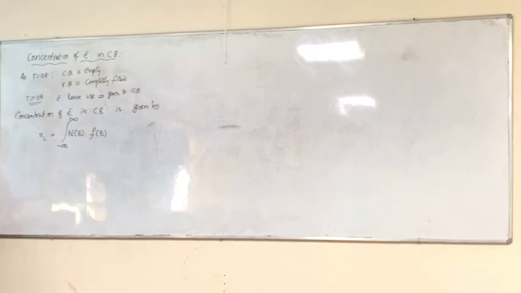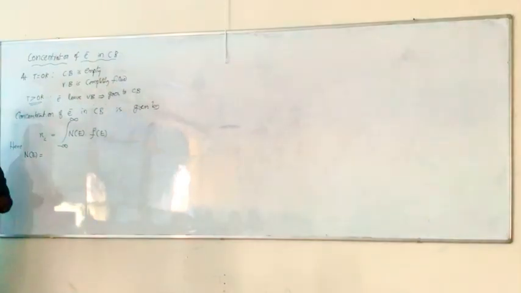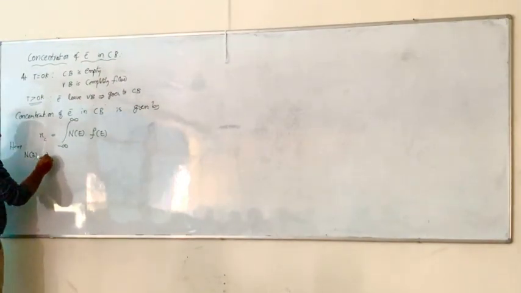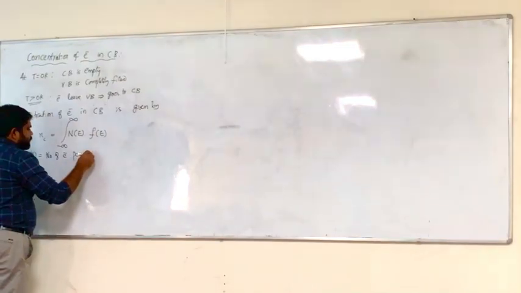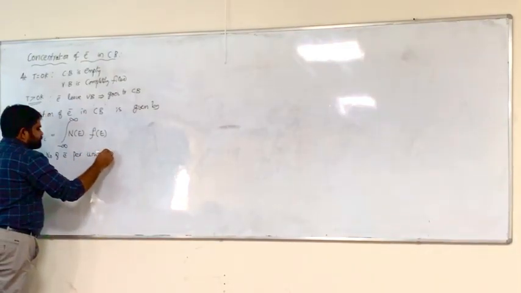That's the same logic we are applying. So what is n(E) here? Here n(E) is nothing but the number of electrons per unit volume.